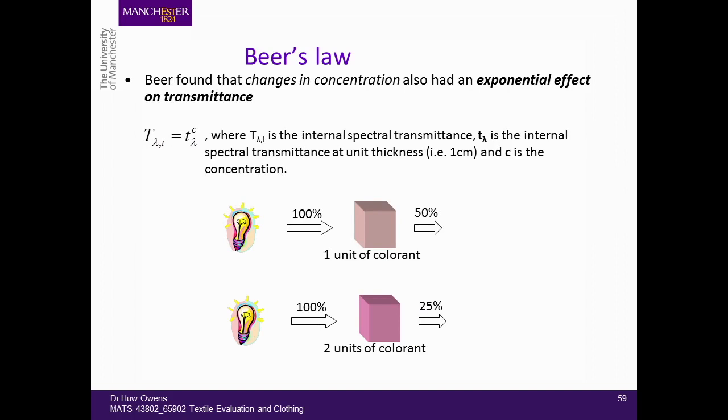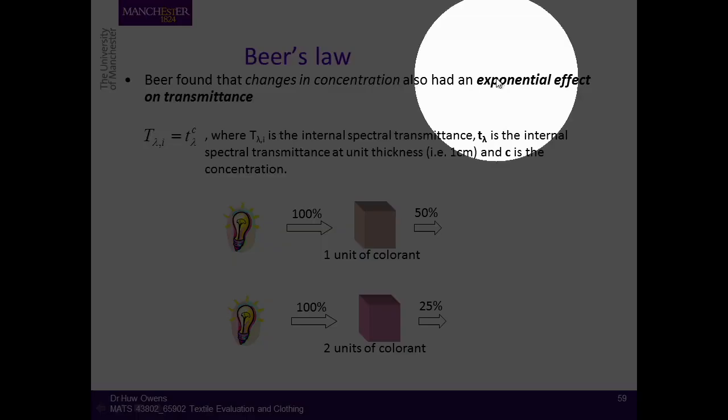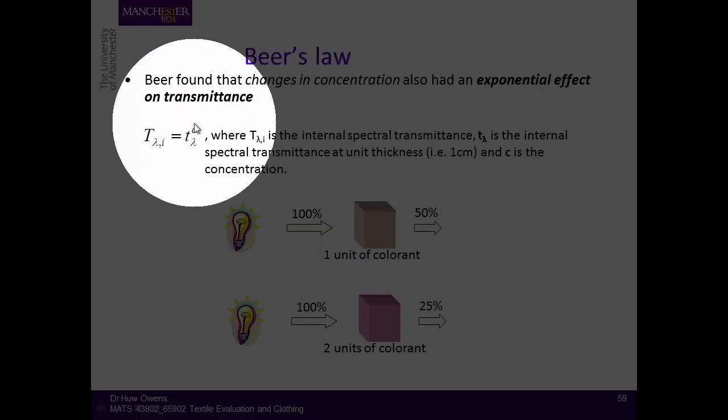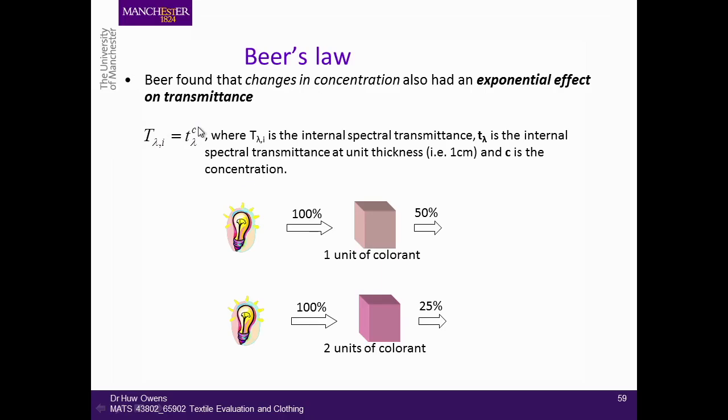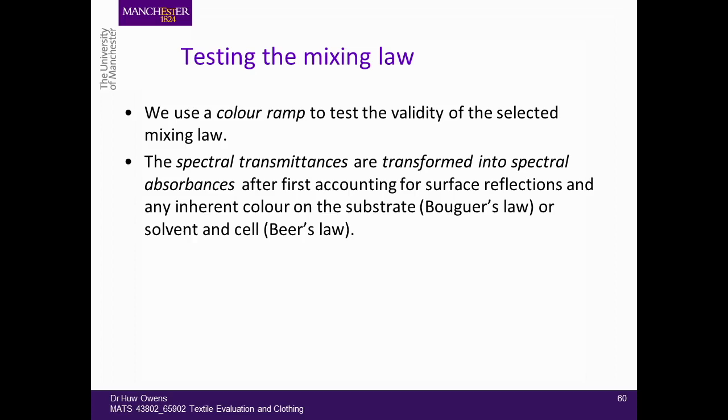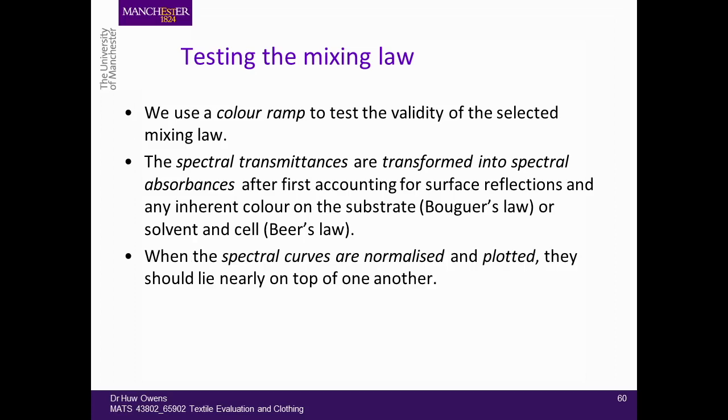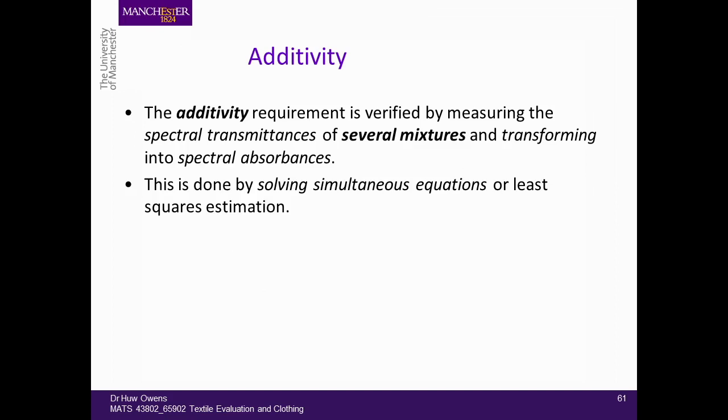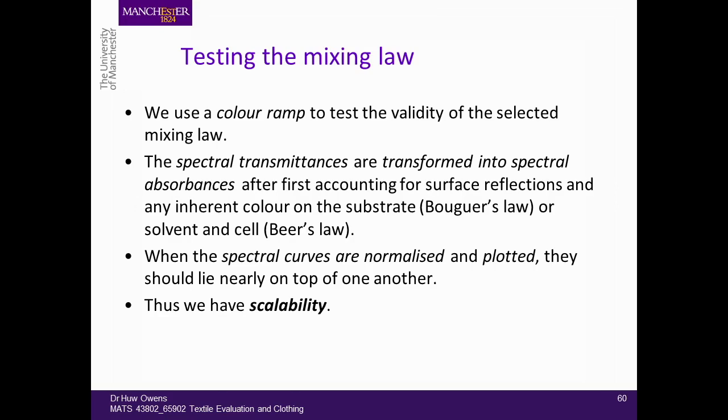So just to finish with Beer's law, we've got this exponential again, where our overall transmittance is given by the internal transmittance to the power of the concentration. Okay, so let's test it. The first thing we do is produce a colour ramp, and we see whether we've got scalability.